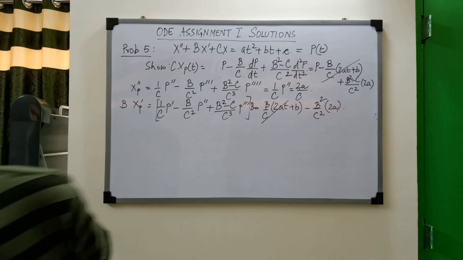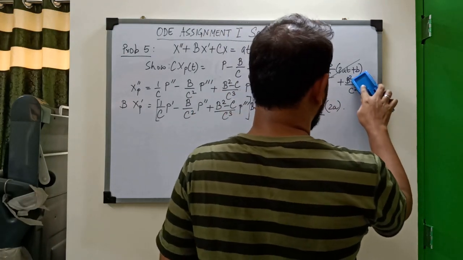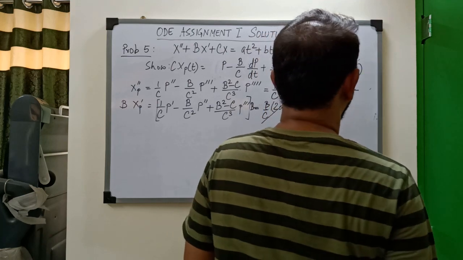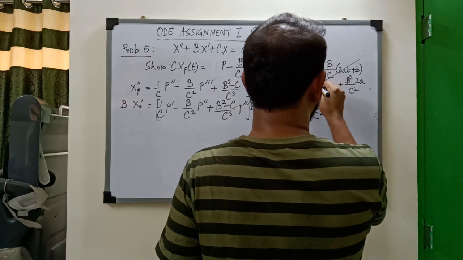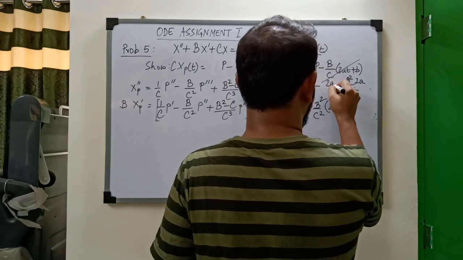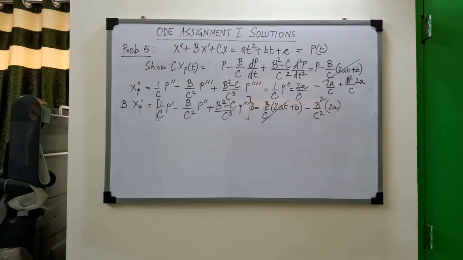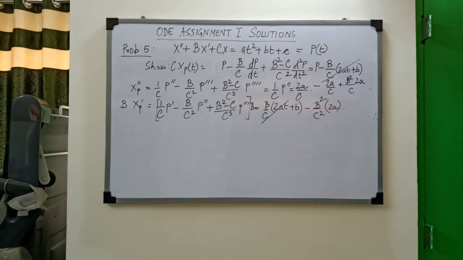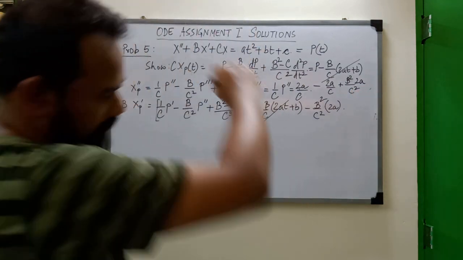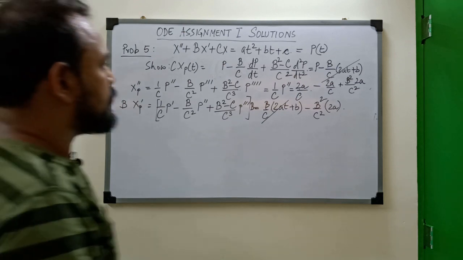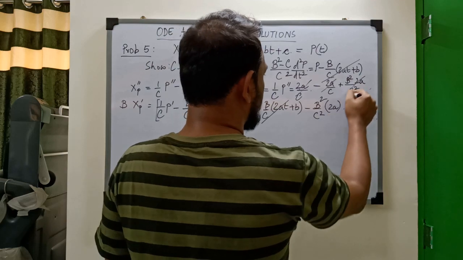So if I just write this out, this is going to be this with a 2a and a minus 2a over c. Sorry, there was a c square there. So this will cancel with this, and this one will cancel with this.